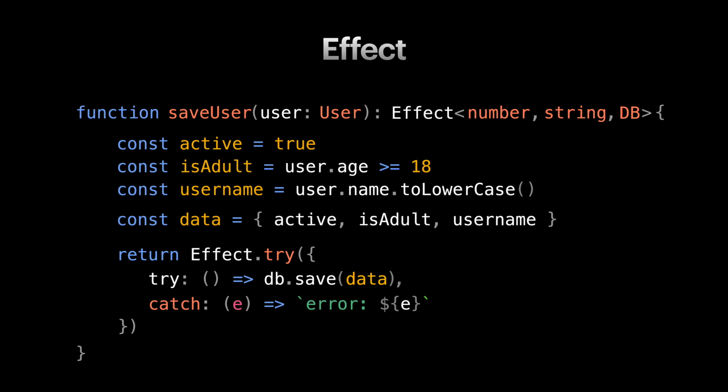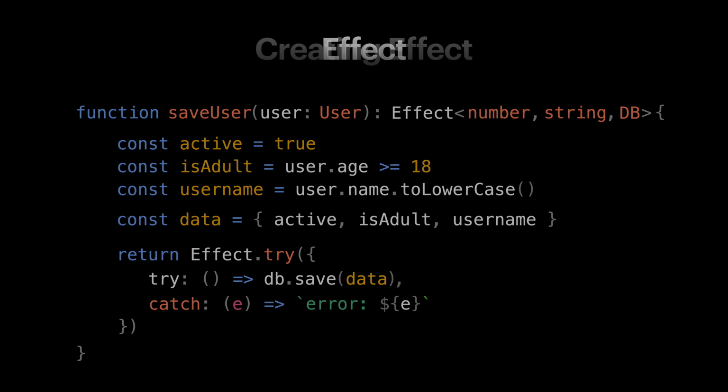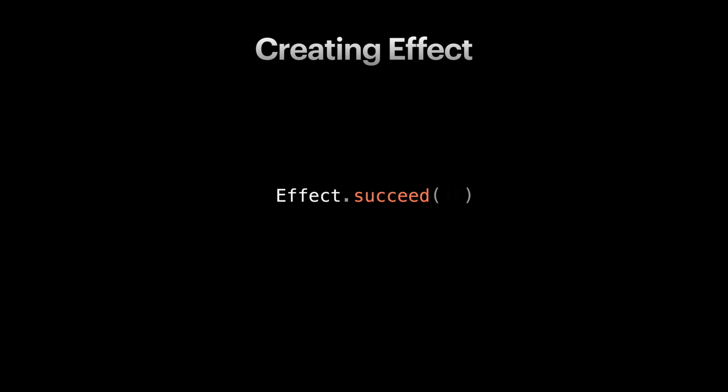Alright, now that we've learned how effect roughly models side effects, let's look at how we can create an effect value. The simplest way to create an effect type is to use the succeed function. Succeed function takes a value and wraps it in an effect representing a computation that successfully produces that value.